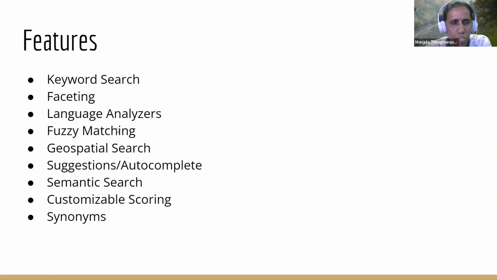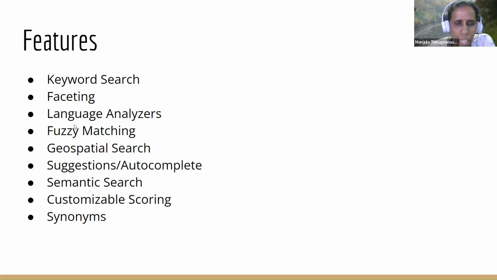So let us see the features that it offers. Keyword search, and faceting. Facets are smart filters. Based on the context that we are searching, facets will be dynamically shown in the search.